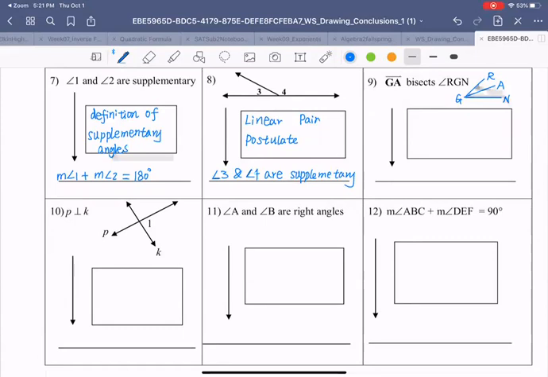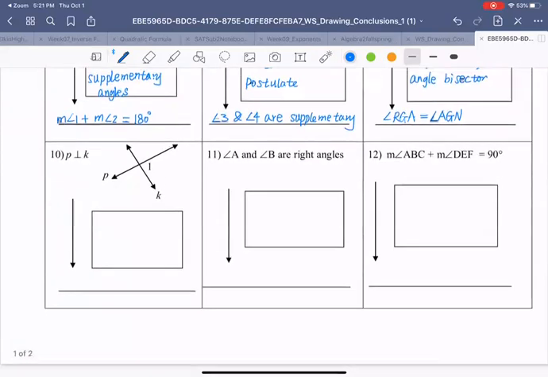So RGA is equal to AGN. I guess this is the definition of an angle bisector. Angle bisector, okay? Makes sense? Okay. Let's do number 10.